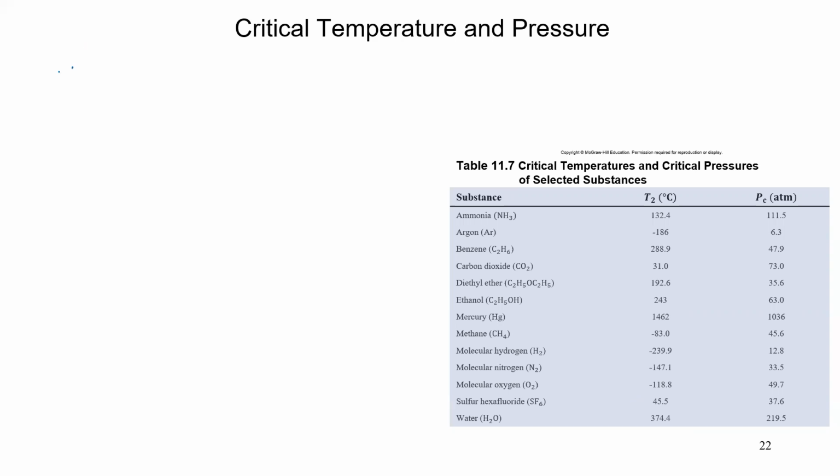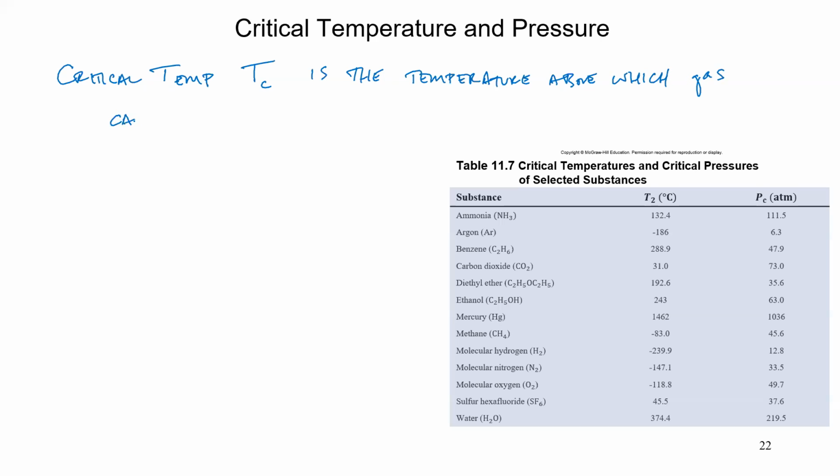And so our definition of critical temperature, which is given the symbol T sub C, is the temperature above which gas cannot condense, no matter the pressure.